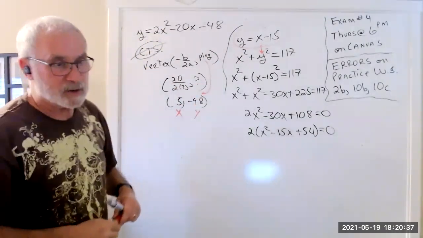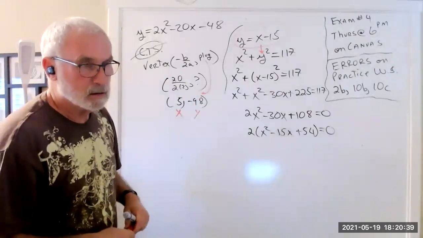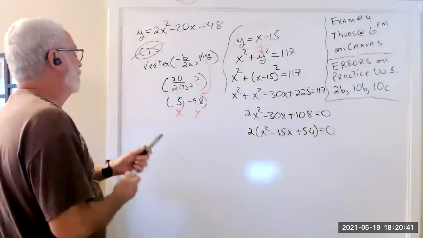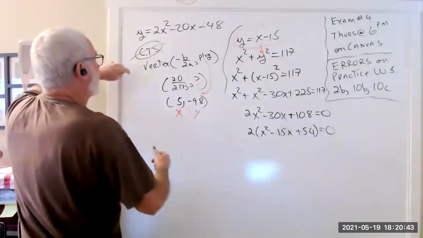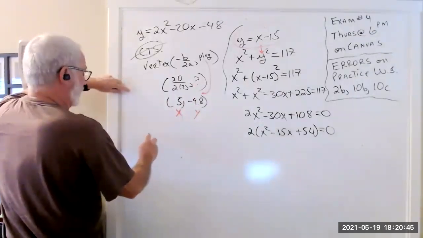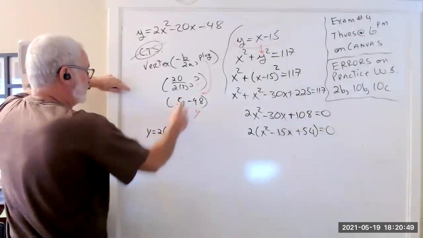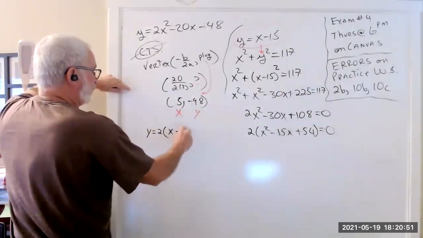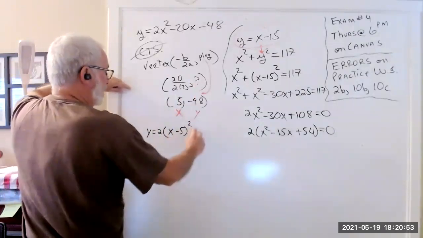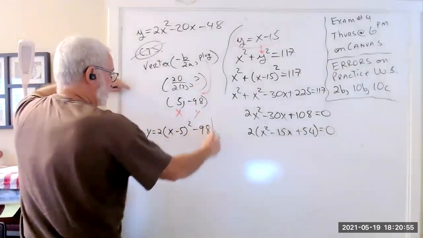Okay, I have everybody with me? So now I can go immediately to that standard form, y equals 2 times x minus 5 squared minus 98.